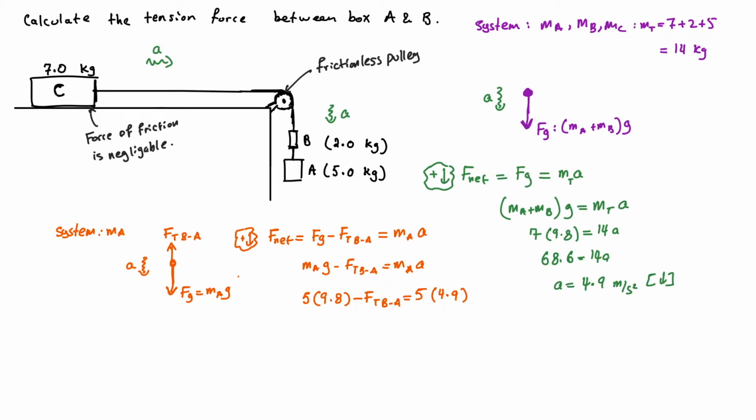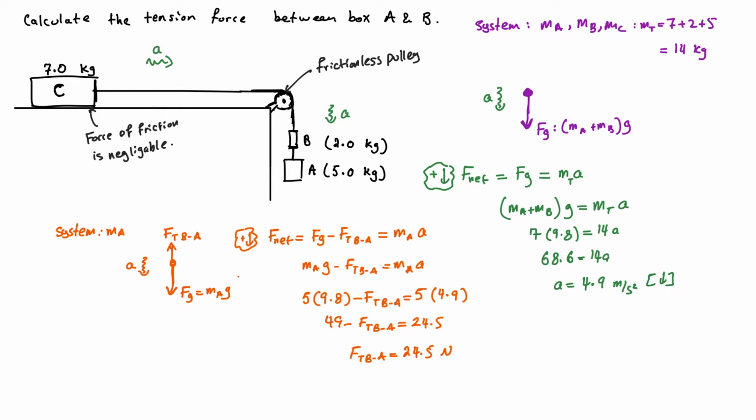Continuing my calculations, 5 times 9.8 is 49, and 49 minus F of tension from B to A is equal to 24.5, and if I rearrange everything, my tension force will end up being 24.5 newtons.